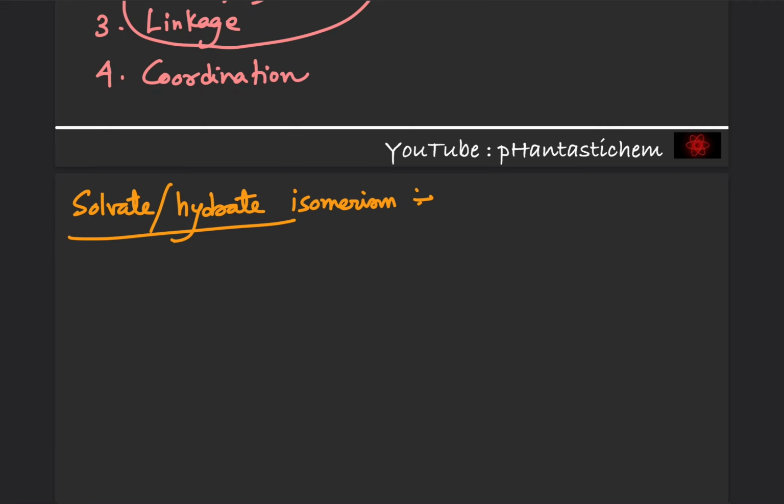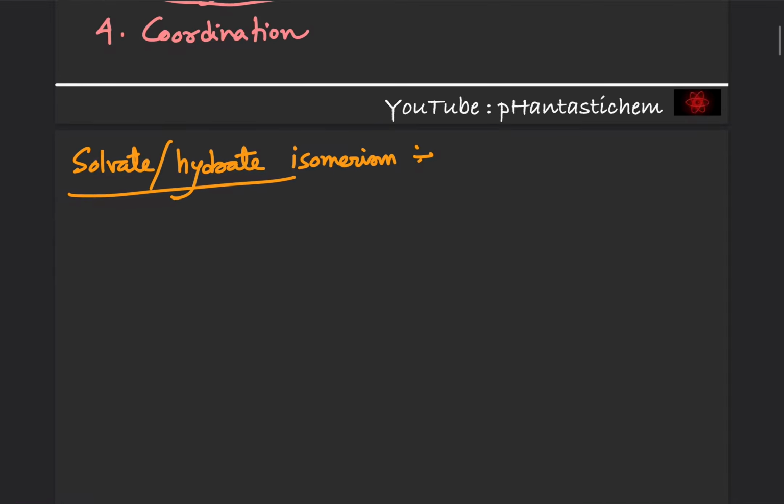Compounds which have the same composition, obviously, but differ in number of solvent molecules present as ligands in the coordination sphere and as free solvent molecules present outside the coordination sphere. Very important. So I will write this down.